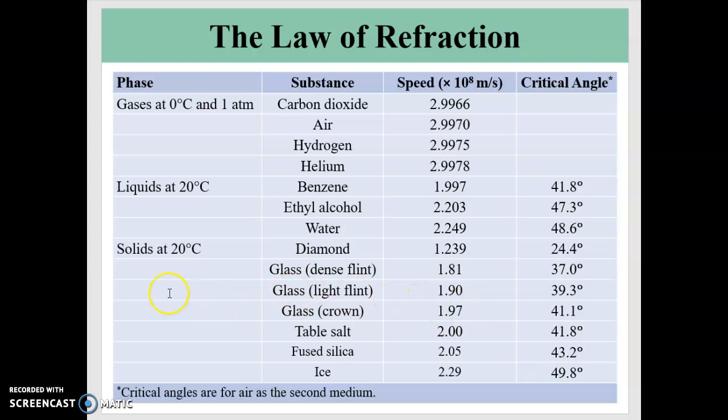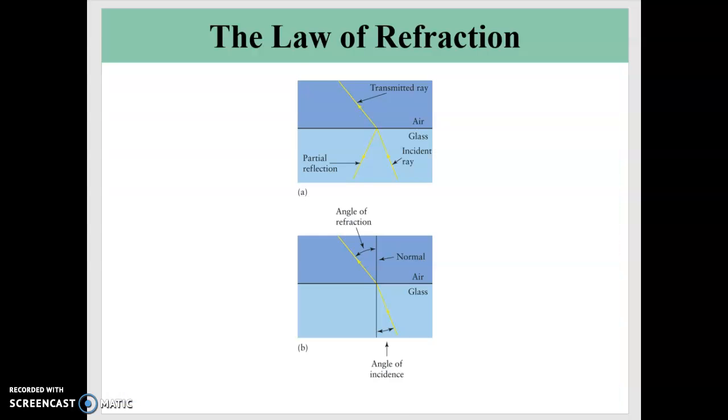The index of refraction for glass really does depend on the type of glass, how thick the glass is, the density of the glass, etc. But a typical representative value would be that 1.5 number.